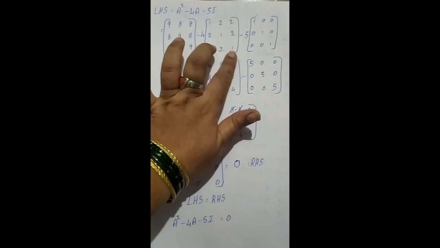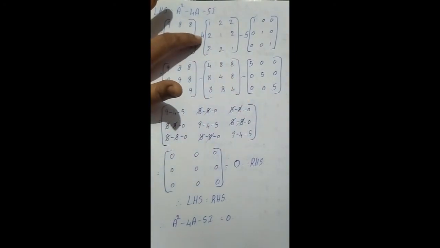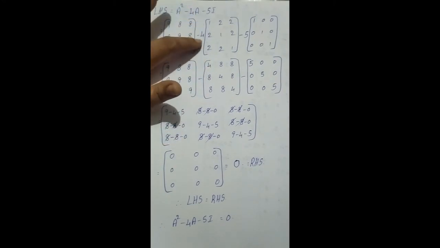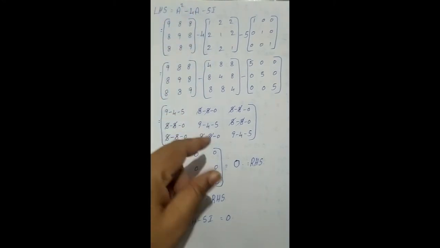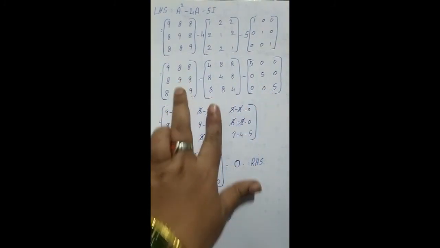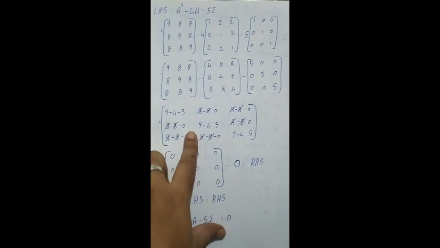If any matrix is multiplied by a scalar, then each element of the matrix is multiplied with the scalar. By using that condition, we multiply these two matrices. After that, subtraction is made.